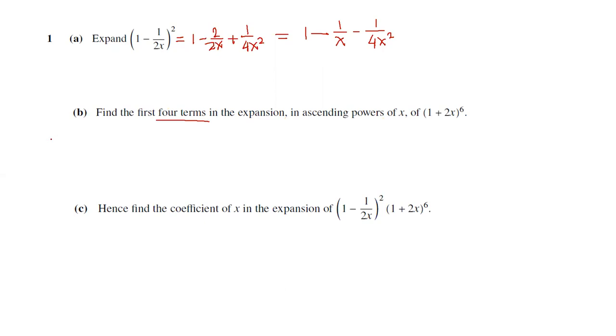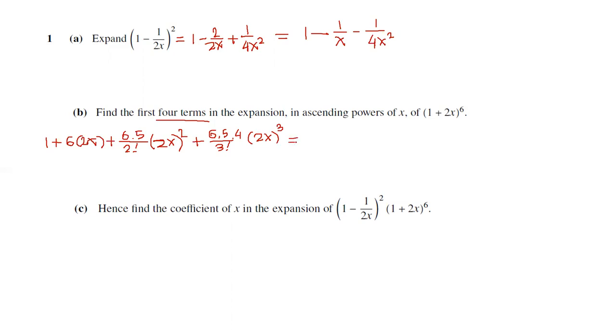According to the binomial expansion rule, it becomes 1 plus 6 times 2x, plus 6 times 5 divided by 2 factorial times (2x) squared, plus 6 times 5 times 4 over 3 factorial times (2x) cubed.